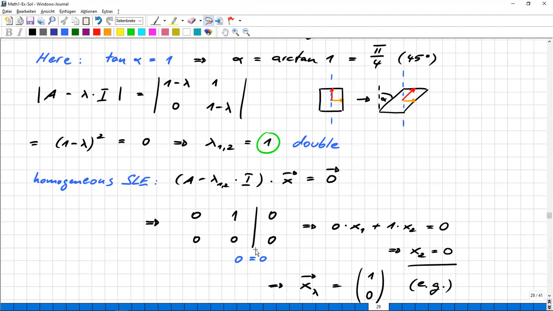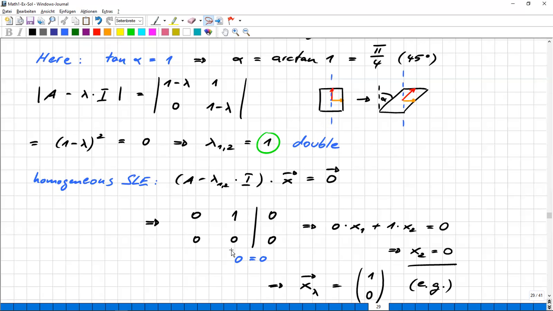And it's no surprise at all that we have a 0 row here. We expect to get a 0 row, not necessarily all at once, but at the latest if we would apply the Gaussian or the Gauss-Jordan elimination method, at some point we would have to get a 0 row, otherwise there would not be a non-trivial solution. So that's always the case.